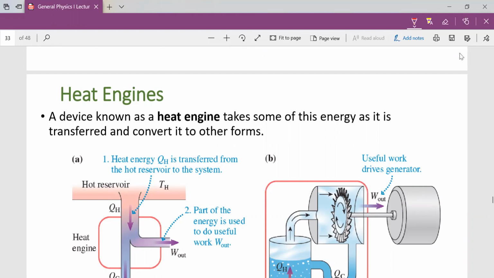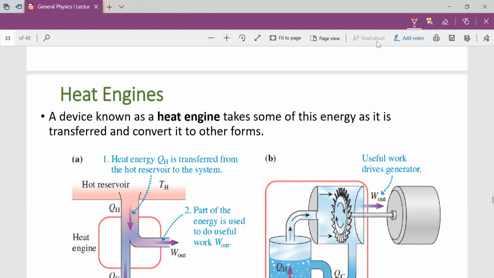I mentioned earlier that we'll be looking at how this natural flow can be manipulated to our advantage. Heat engines were the first set of applications for this kind of science, manipulating the natural flow of the heat system or thermal energy system to yield benefits in technology.